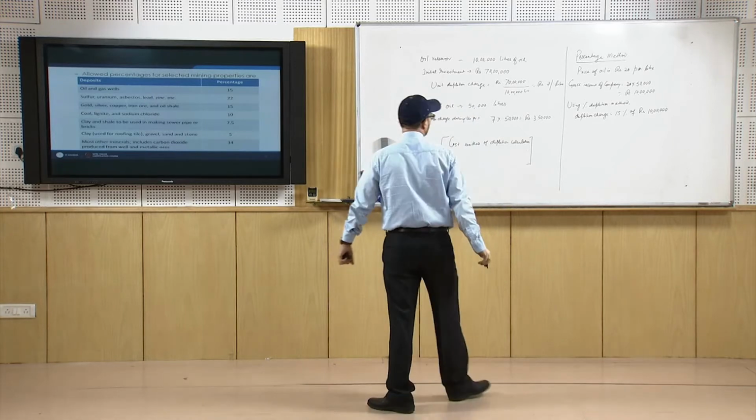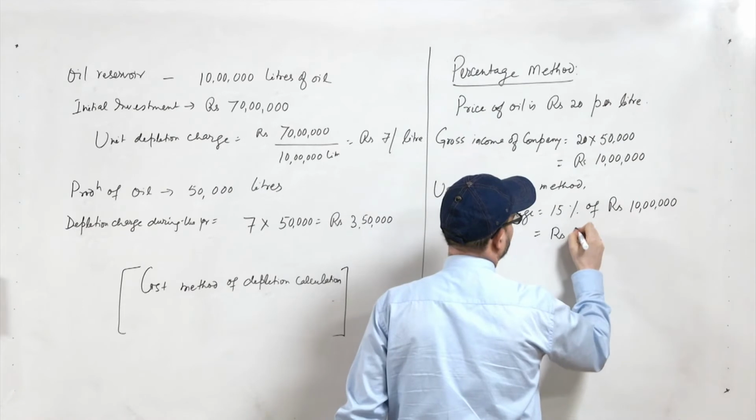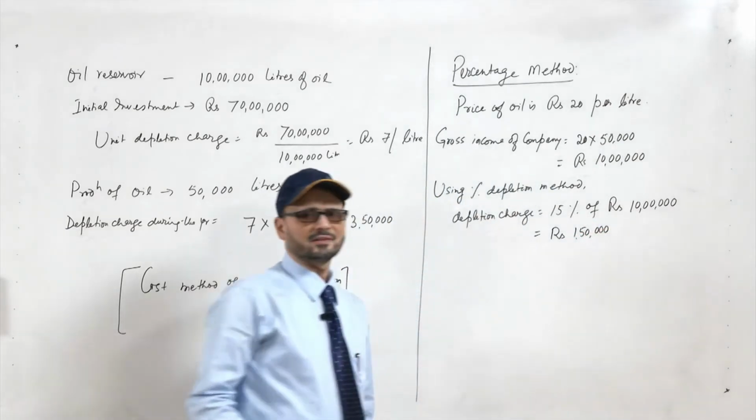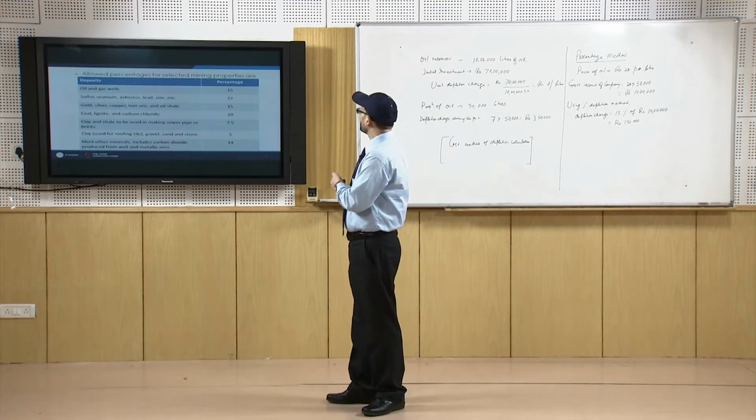So, it will be rupees 1,50,000. This is the depletion charge calculated using the percentage method.